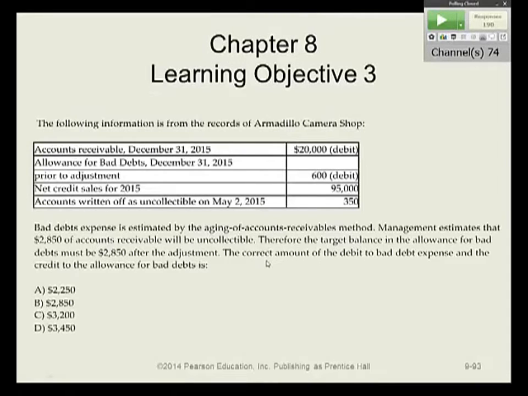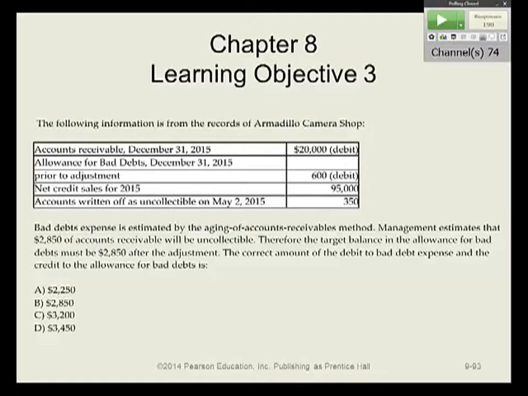I want you to come up with the bad debt expense. Now, you've got exams in a couple of weeks, so this is a perfect example of something you could be asked. Look at the requirement. It asks you the correct amount of the bad debt expense and the credit to the allowance. So what's the adjusting entry technically? How much is it going to be? All right.